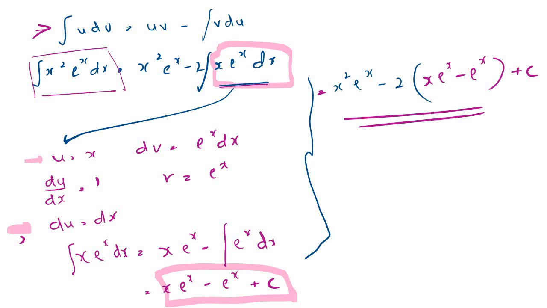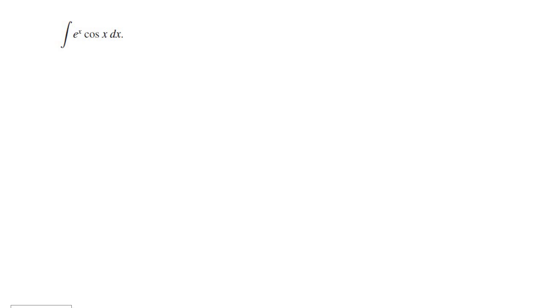When you integrate a function like this with x squared, you see at the second level the power reduces, and you can reuse integration by parts to get the integration of this value. Let me do another example. Let's say we have to solve this integral, e to the power x cos x.